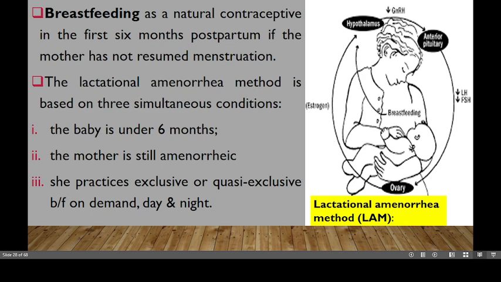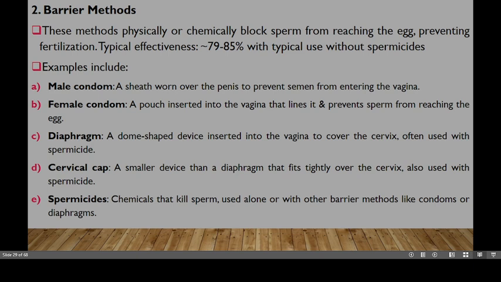So the lactational amenorrhea method is based on three simultaneous conditions. The baby must be under 6 months. The mother should still be amenorrheic, and she should practice exclusive or quasi-exclusive breastfeeding on demand, day and night, so as to be able to at least embrace this method.